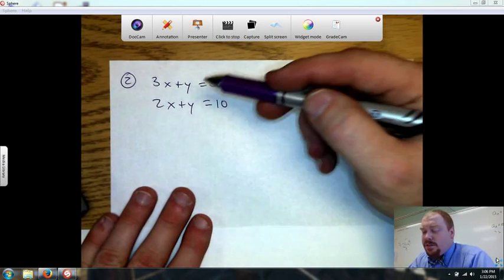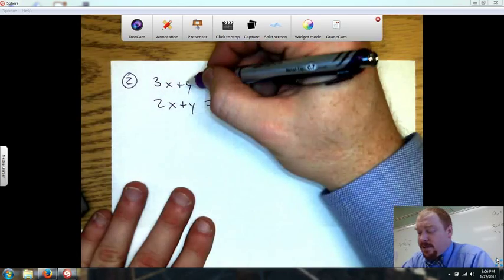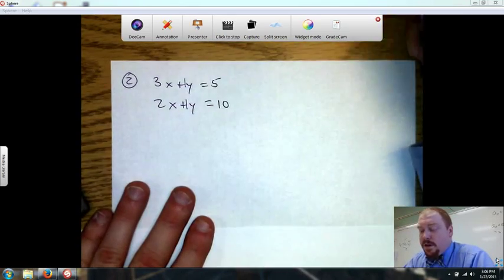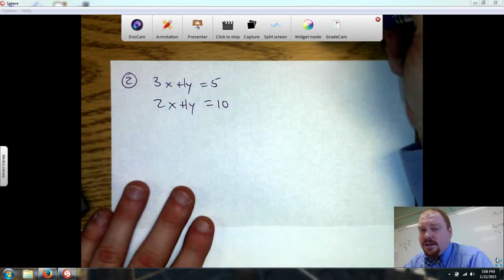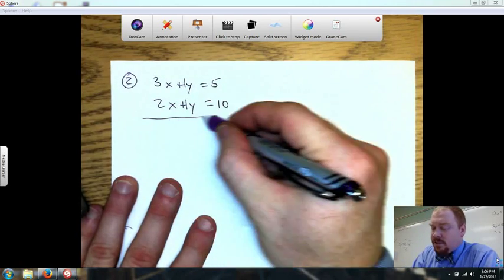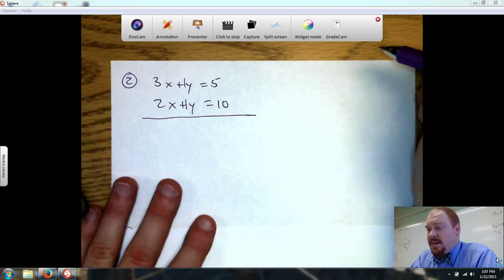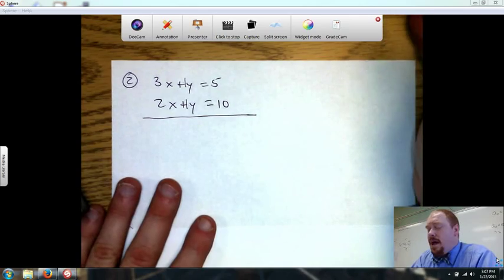Now, since the y's have the same number, and even though it's not there, technically it's a 1, and they both have the same sign, so I would need to subtract straight down. Some teachers say you must always use one particular technique, meaning add or subtract. I'm not like that.